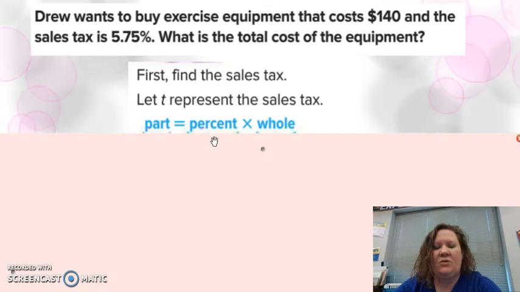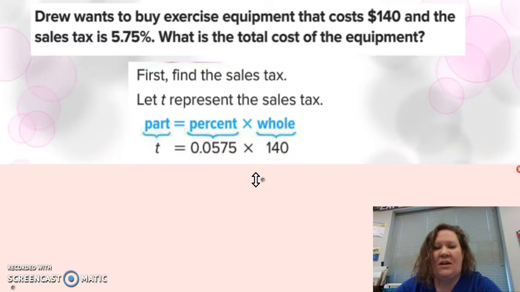Part is equal to the percent times the whole, and the sales tax is always represented in the part section. We take our percent of 5.75 and we divide it by 100 in order to turn it into a decimal. We multiply it by the whole amount, which is the cost of the exercise equipment.